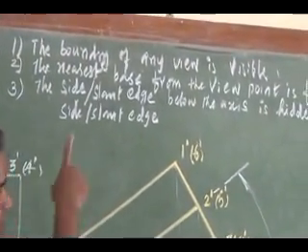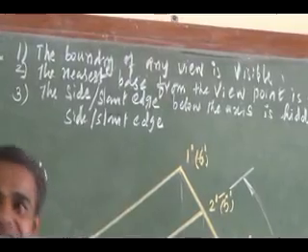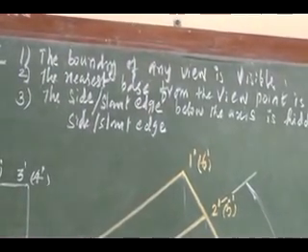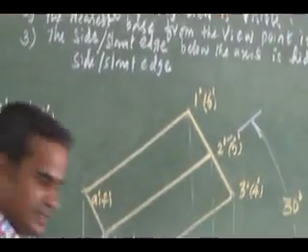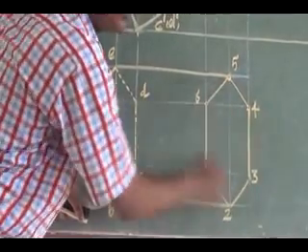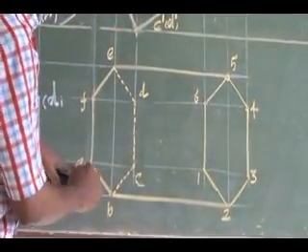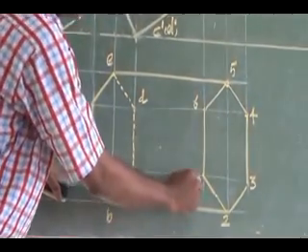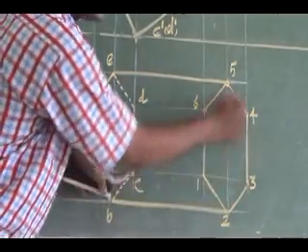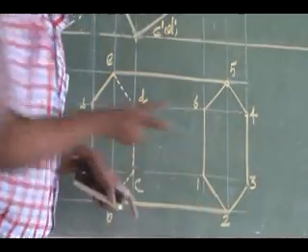Otherwise, you see another statement: whatever side or slant edge is crossing the fully visible base. So I have a fully visible base. I have a side edge B2, it is not crossing the fully visible base. I have a side edge A1, A1 is not crossing, it is ending up to here. I have a side edge C3, C3 is crossing the fully visible base.